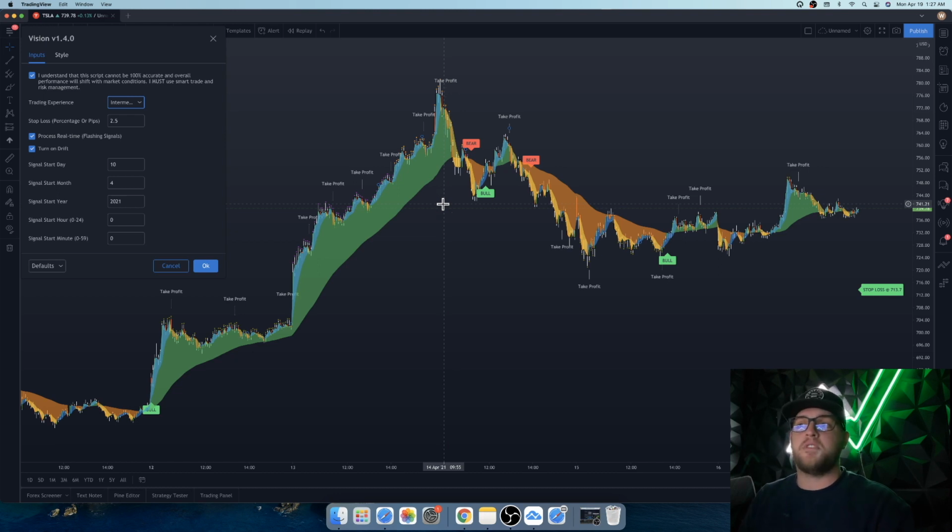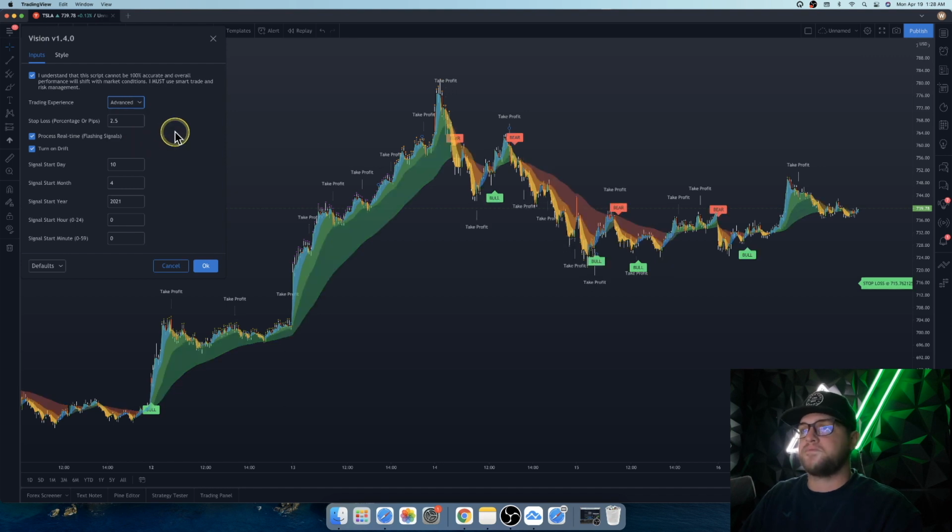Just because you stepped it up a level doesn't mean you're going to get a bunch more trades, but it will help you get into some of the long and the short positions a little sooner. We'll jump to the advanced mode now, and you'll see the drift changes again, and we get a few more signals. Still holding that 2 day swing on Tesla right there. Got a couple more short signals and a couple more long signals there.